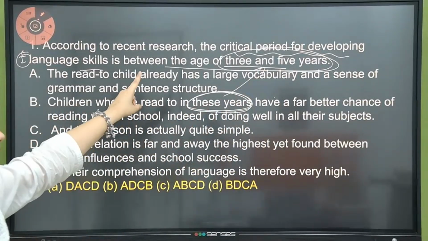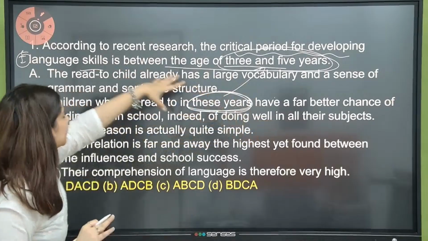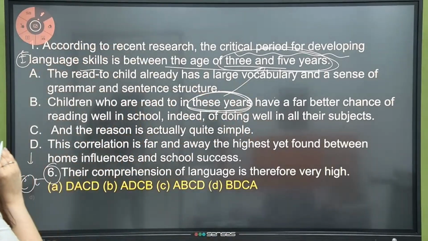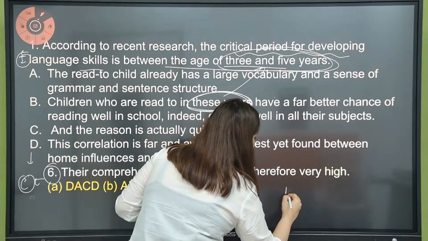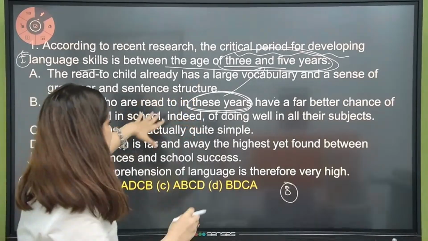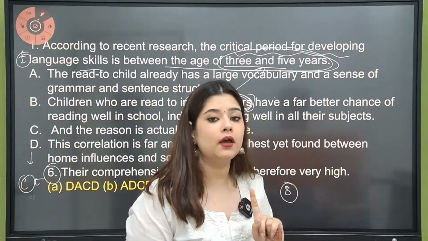These years is correlating to 3 and 5 years, something that has been talked about in statement 1. Okay, so I know for sure that B should come after 1, because these years that has been talked about in B, it correlates to statement 1.